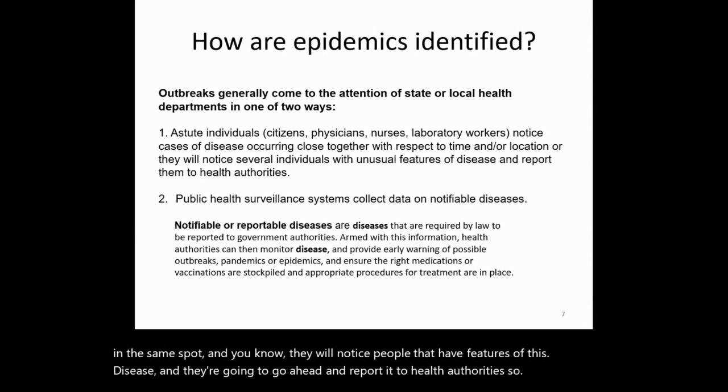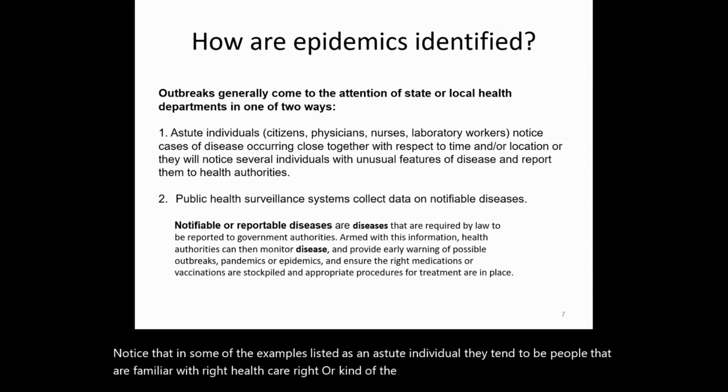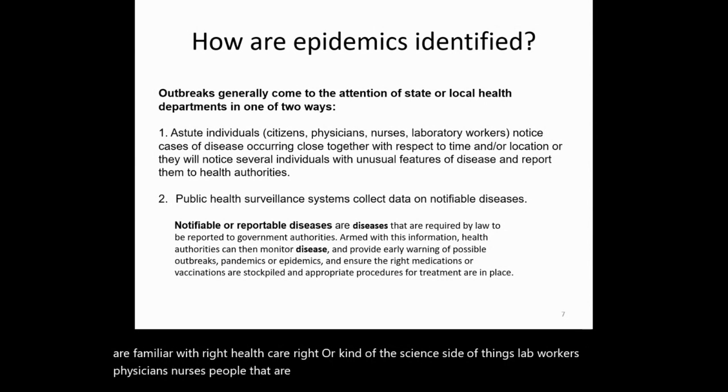So notice that in some of the examples listed as an astute individual, they tend to be people that are familiar with, right, healthcare, or kind of the sciencey side of things: lab workers, physicians, nurses, people that are trained to really notice these things, and they know to report things when they're kind of out of whack.